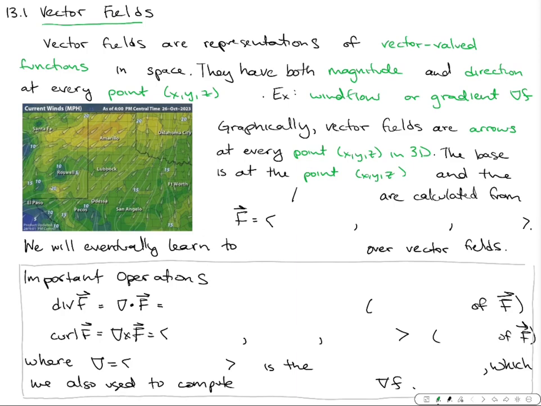Then the magnitude of the arrow, as well as its direction, is going to come from the definition of the vector valued function given by capital F, which can have components in the I hat, J hat, and K hat that we'll just denote as A, B, and C. In particular, that magnitude is going to be graphically represented as a length.